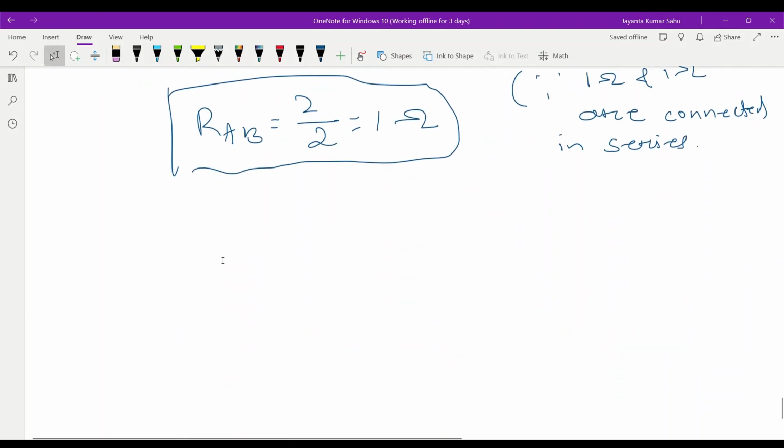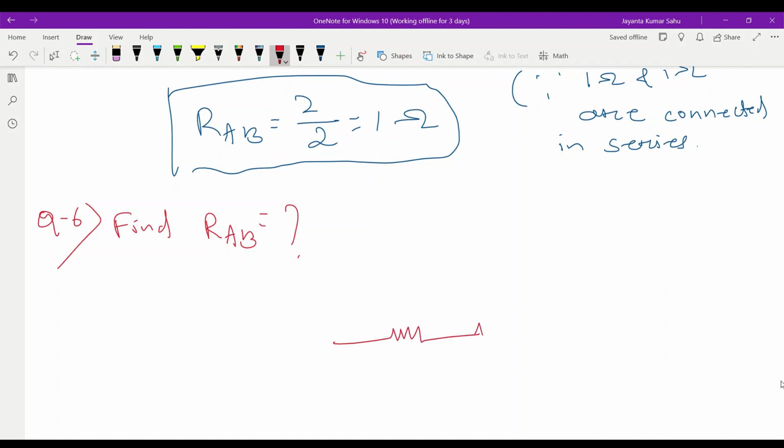Another problem, that is question number 6. Find RAB. This is my question.